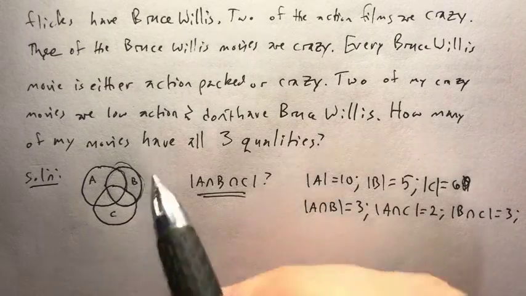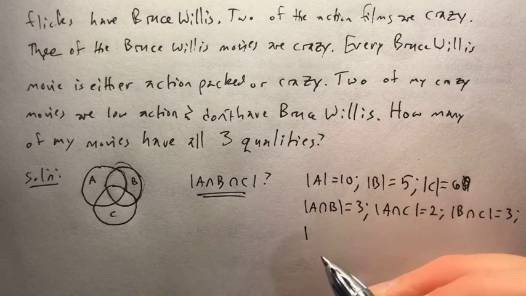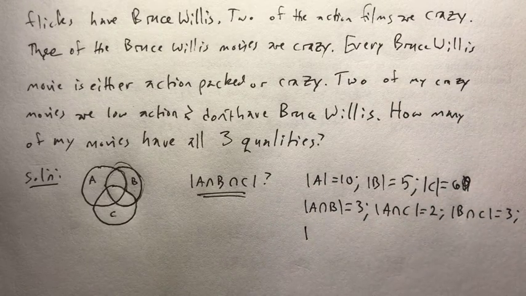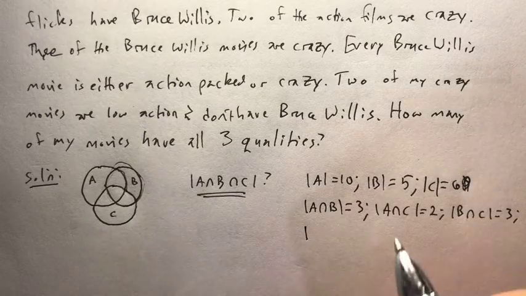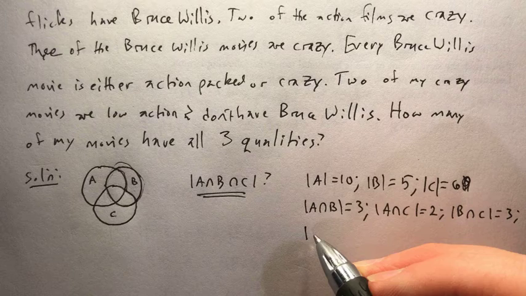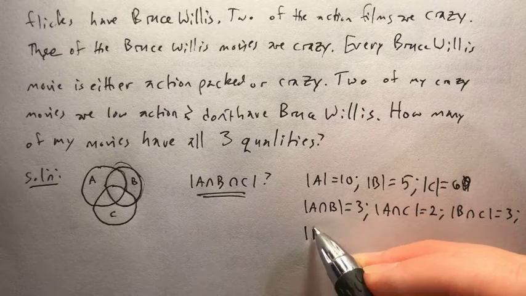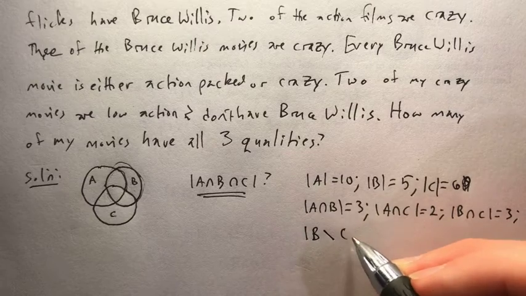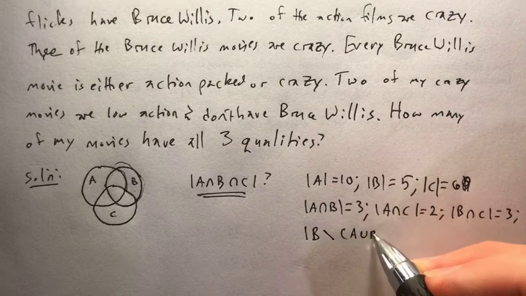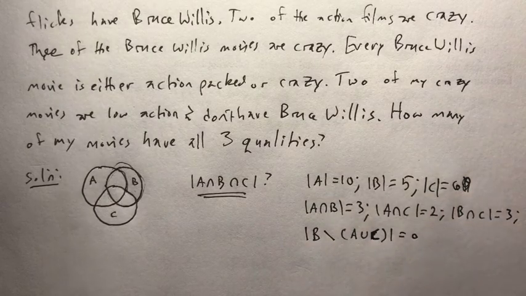So that means basically this region is empty. So that is to say the size of the B set minus A union C is equal to 0. Okay, so that's worth knowing.